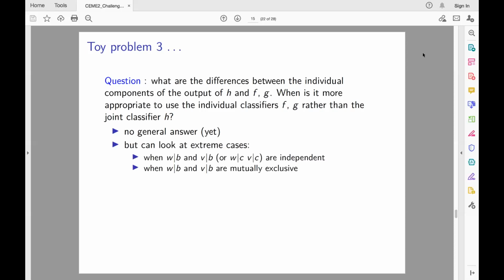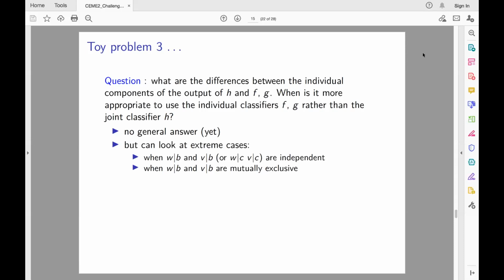The joint classifier H can use information about the audio and the black coat in the visual environment. Like it says there, there's no general answer yet, but we can look at these extreme cases.